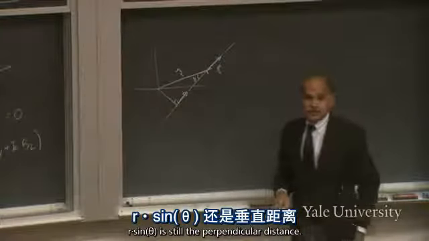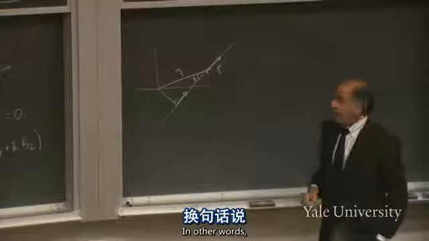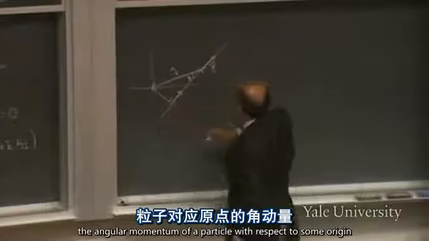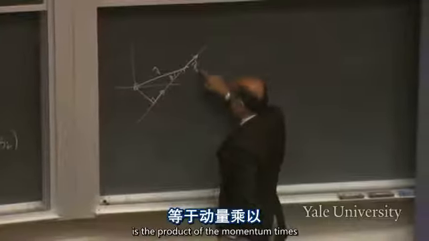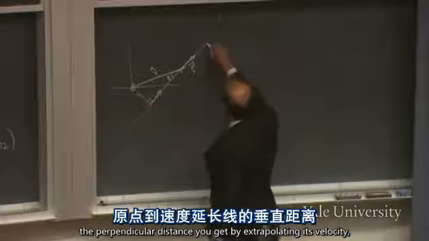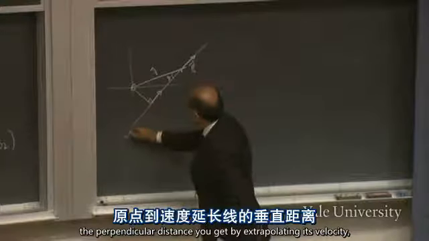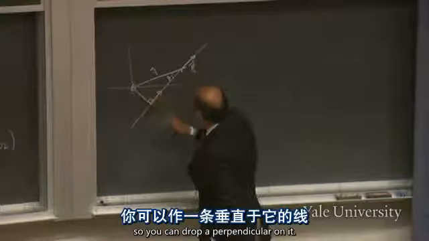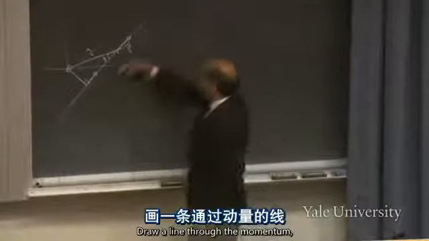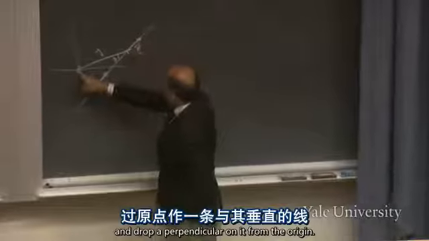In other words, the angular momentum of a particle with respect to some origin is the product of the momentum times the perpendicular distance you get by extrapolating its velocity so you can drop a perpendicular on it. Draw a line through the momentum and drop a perpendicular on it from the origin.